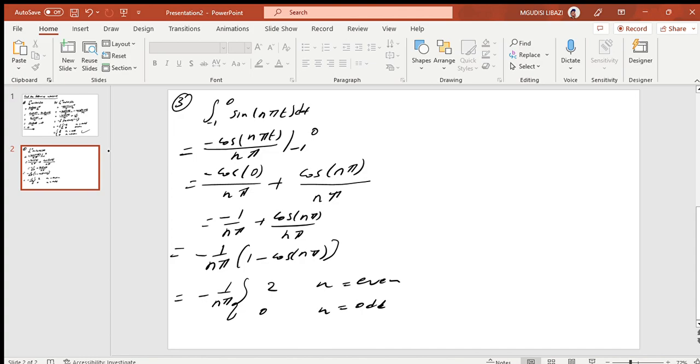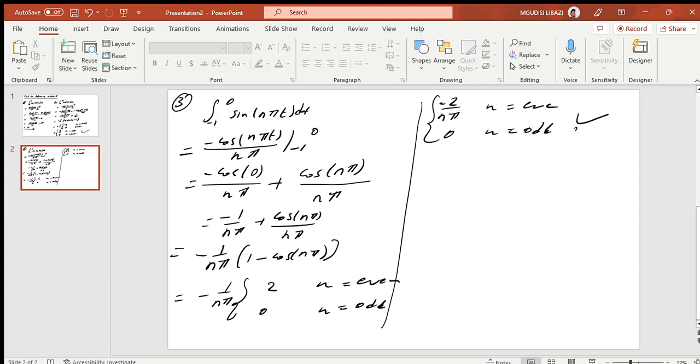So you just do the same process, substitute the values from 1 to maybe 4, and you will notice the trend there. So from here you can put it as -2/n pi when n is even, and 0 when n is odd. So we evaluated the integral there. That is our final answer.